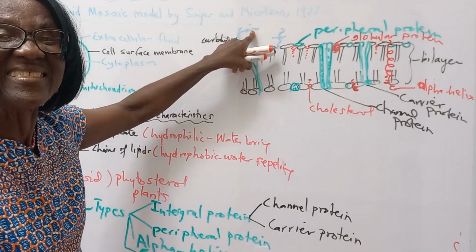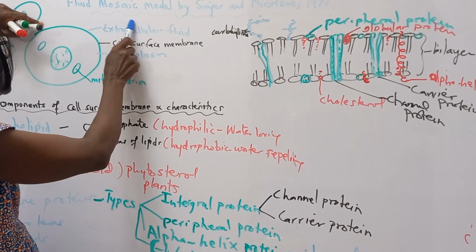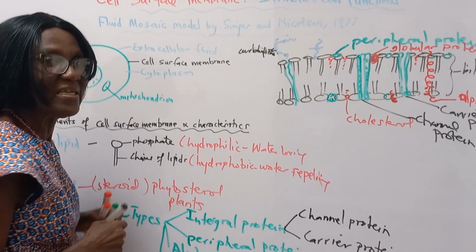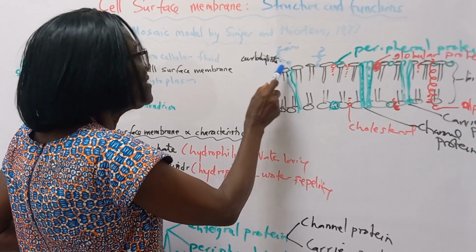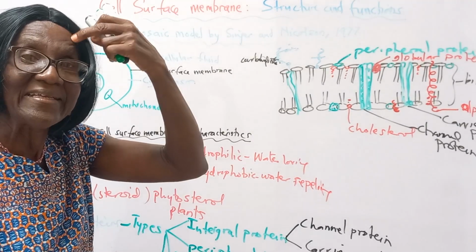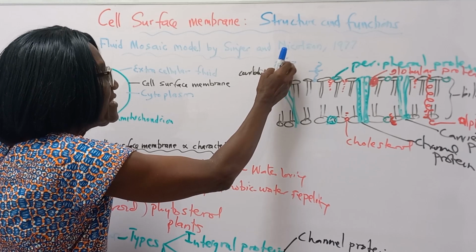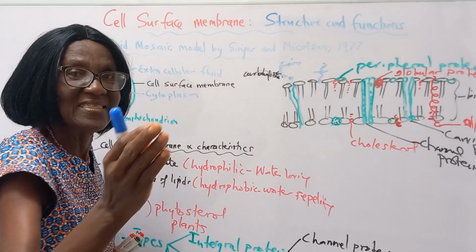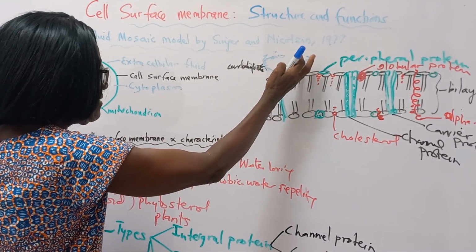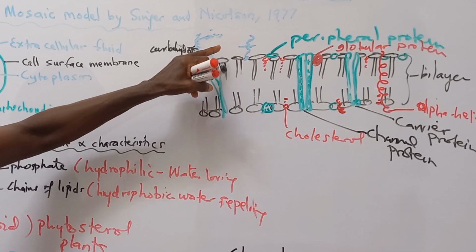The carbohydrate area looks like antennae, and they are found sticking onto the extracellular surface. This is the extracellular surface, this surface is the cytoplasm. So these carbohydrates, these glycoproteins and glycolipids, they serve as markers. Especially the glycoproteins, they help produce antibodies against bacteria and foreign matter. And glycolipids help in recognizing similar cells or cells that are different.